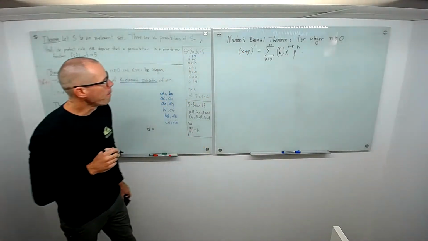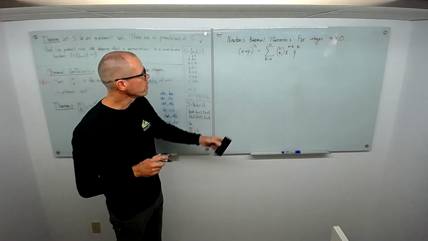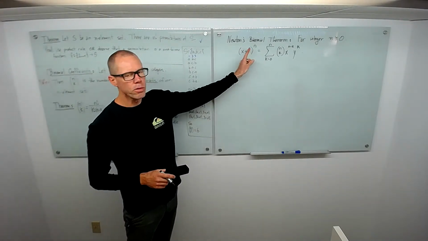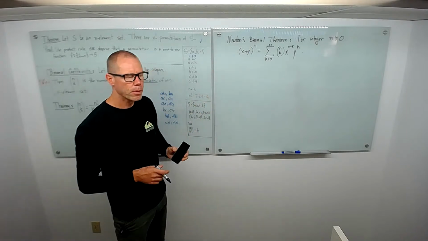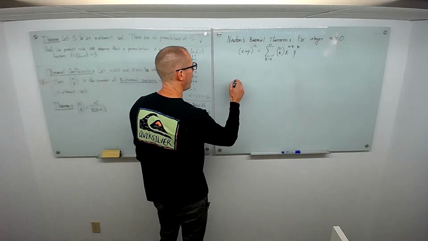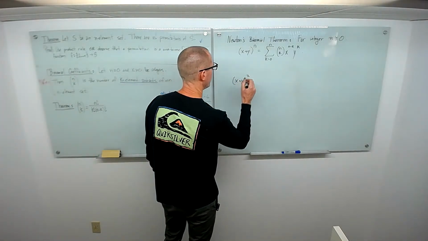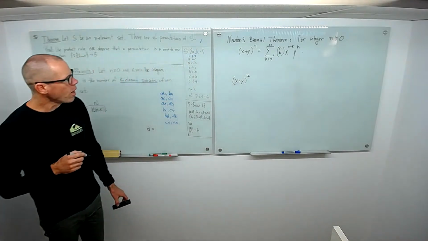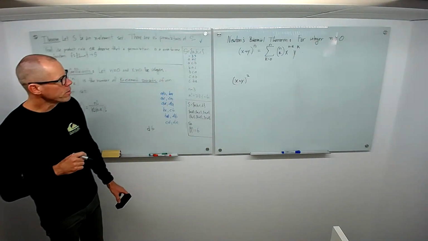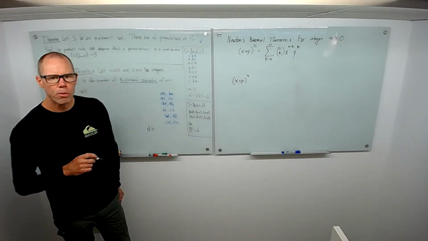Let's just check it out. So it talks about these binomials where you have the sum of two things raised to some integer power. So for example, you've seen these before. One of the things you do in sort of first times you're introduced to algebra is maybe looking at formulas like this, x plus y squared.